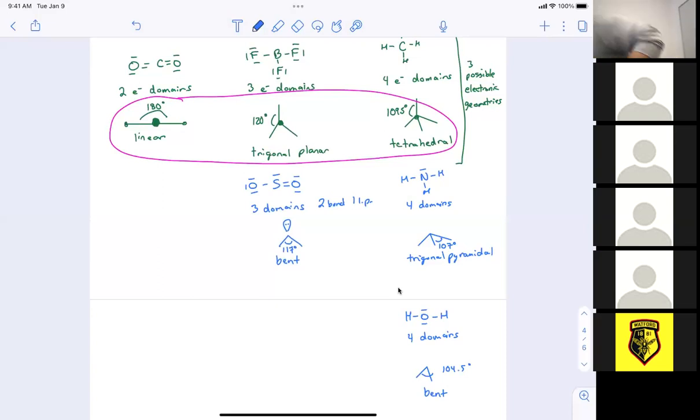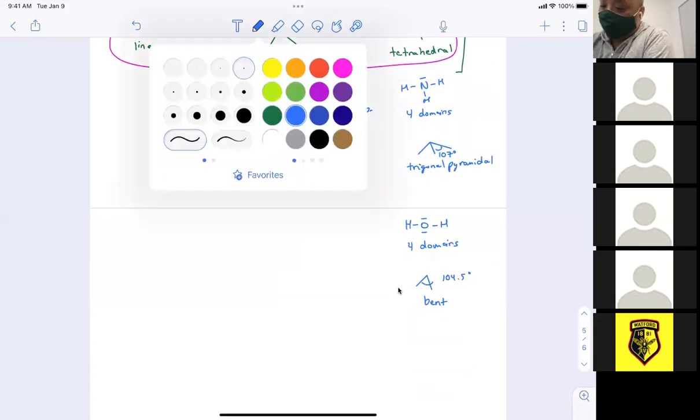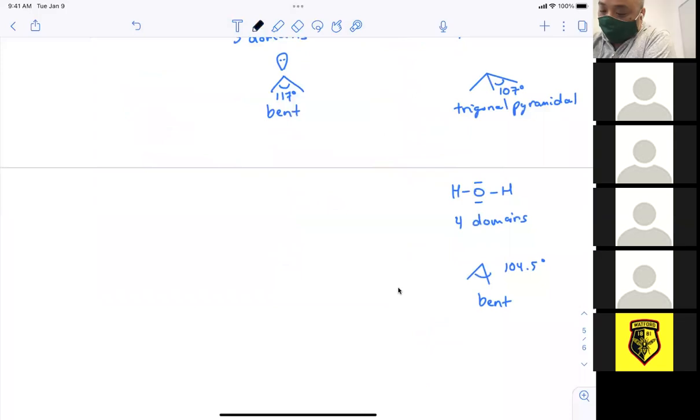Because if you know these 3 shapes, if you tell yourself, my 3 shapes are this, this, and this, those are my 3 electronic geometries, every time I have a lone pair, I cover up 1 line. And that's all I have to do.